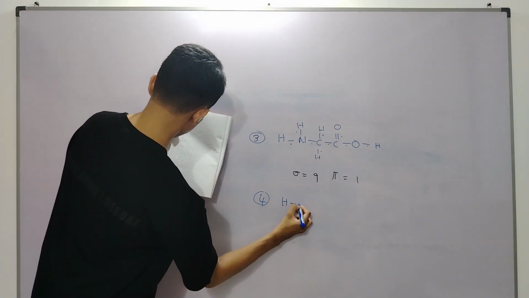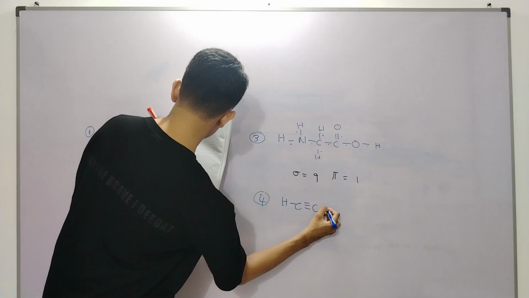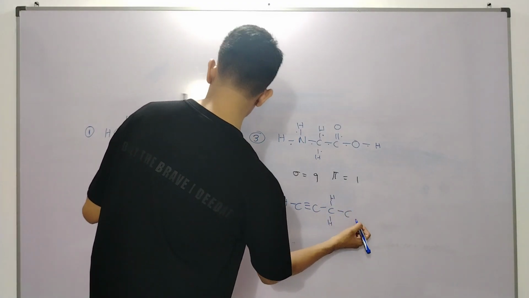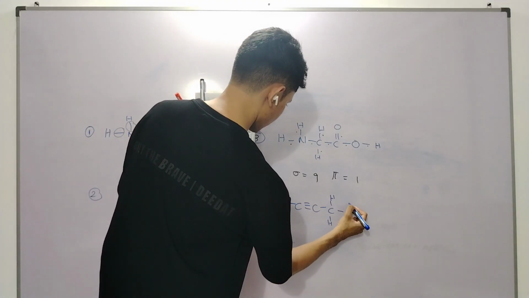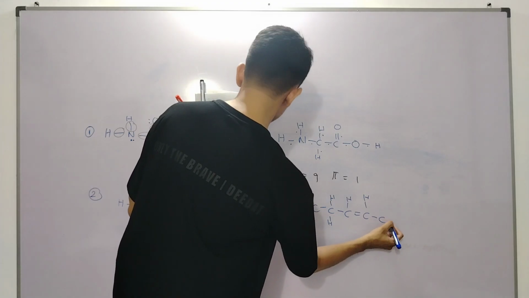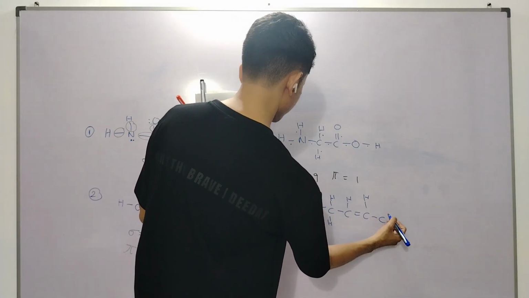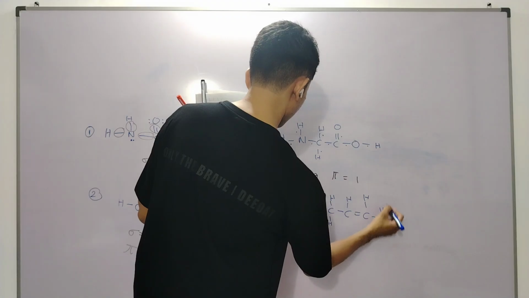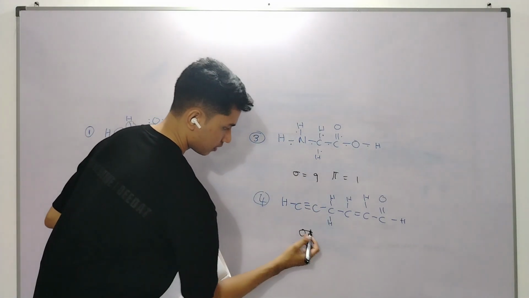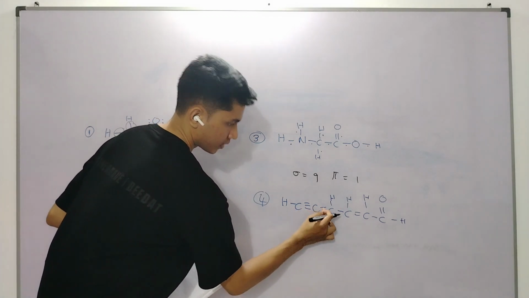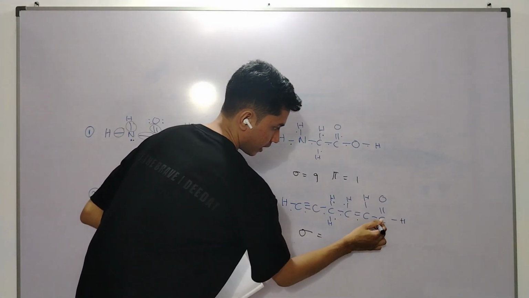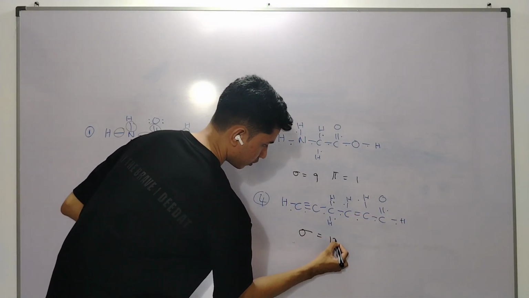H, C, triple bond C, C, H, H, C, H, C, H, C, O, H. How many sigma bonds? 1, 2, 3, 4, 5, 6, 7, 8, 9, 10, 11, 12. 12 sigma bonds.